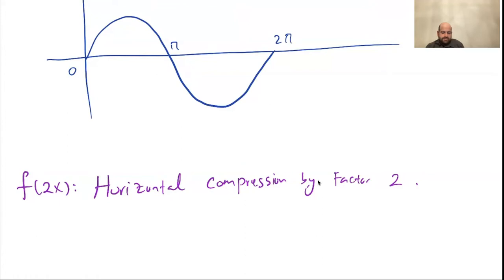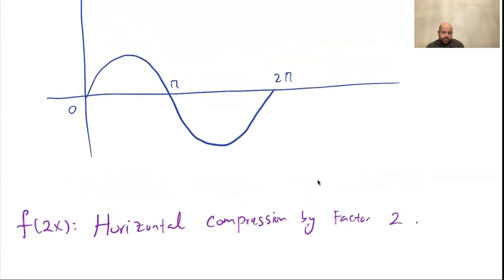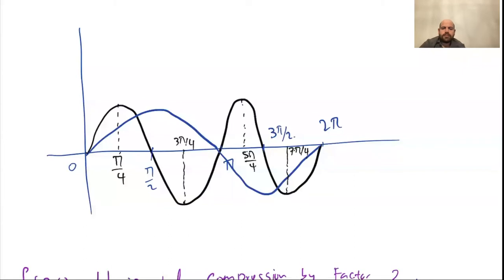So if we compress this by factor 2, then what do we get? We get something like this. These are the local max of the original function sine x.